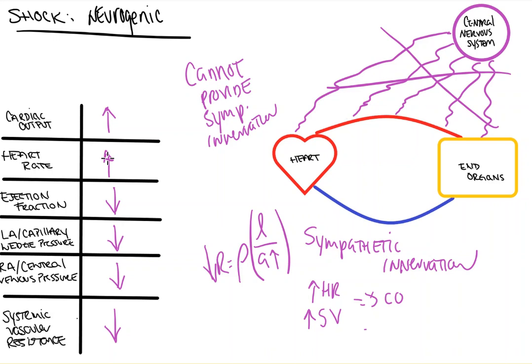As we talked about in distributive shock, your heart rate really goes up in order to try and compensate for the leaky vessels. But the problem here is that depending on where the injury is, your body might or might not be able to actually compensate. And so the cardiac output and the heart rate will either go up or they won't do anything at all. The problem is thought to be certain injuries at or above the level of T1 to T4.